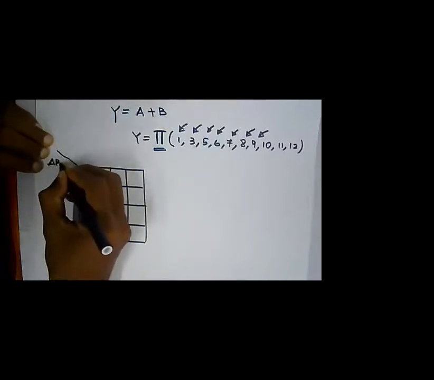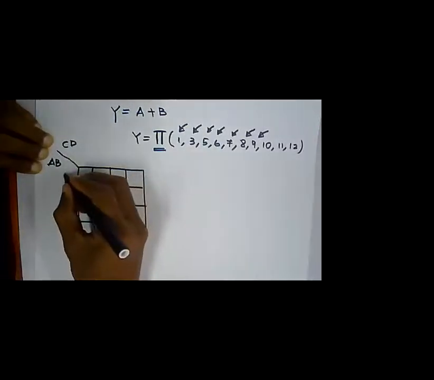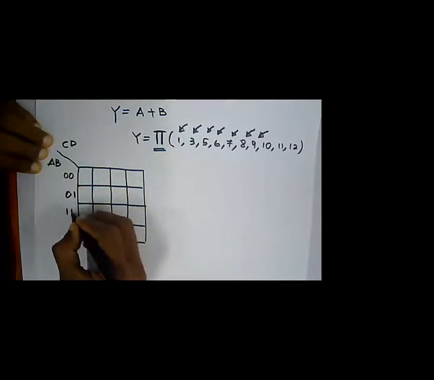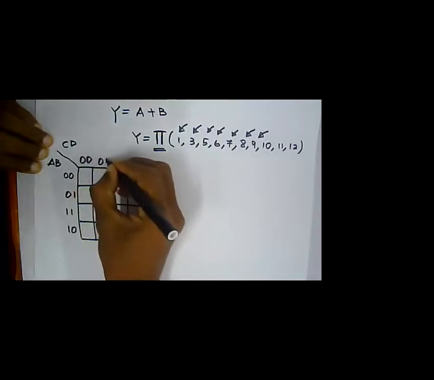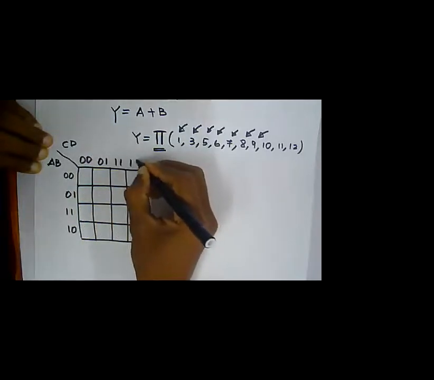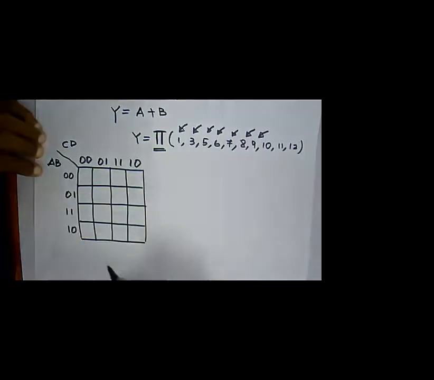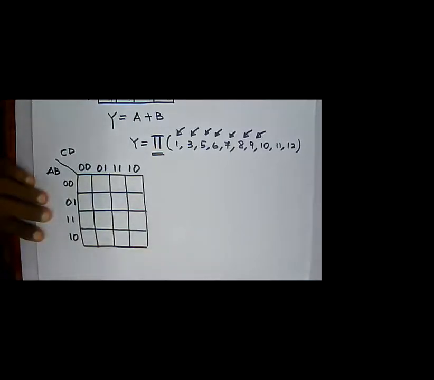Let this be A, B, and C, D. Don't do anything with the order. So this will be 0, 0, 0, 1, 1, 1, 1, 0, and likewise for the columns. What we have to do is write down the decimal equivalents first, which will be easy for you.